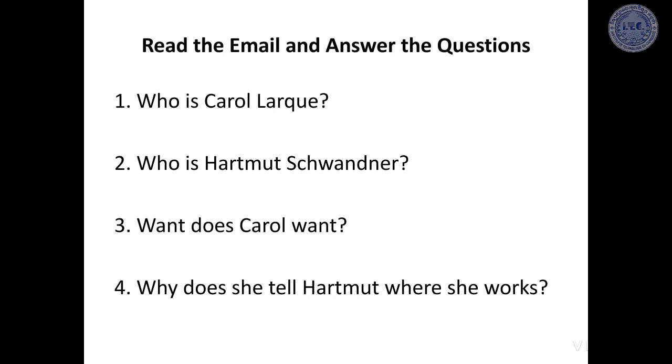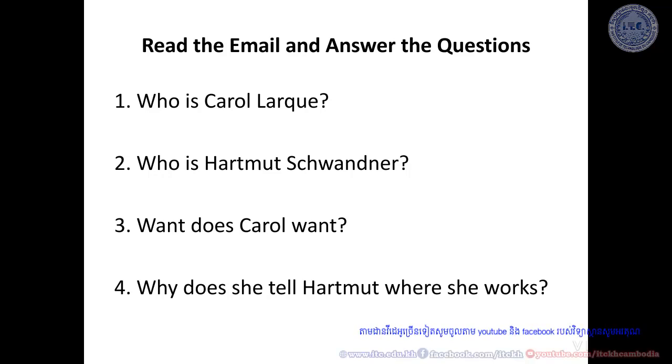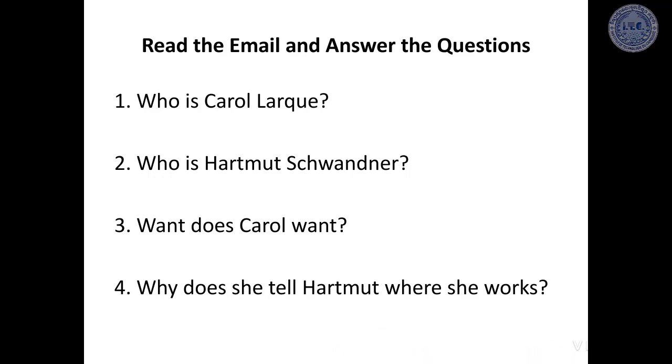Alright, now let's move to our activity. The first activity is related to answering questions. There are 4 questions provided here. The first question is, who is Carol? So who is she? Who is Hartmut Swander? What does Carol want?